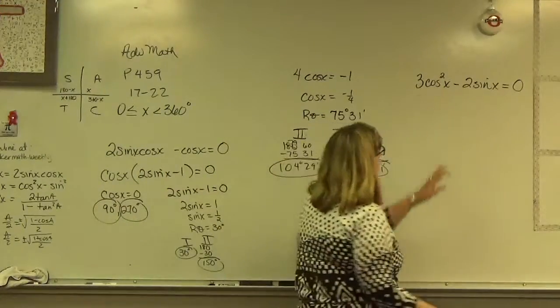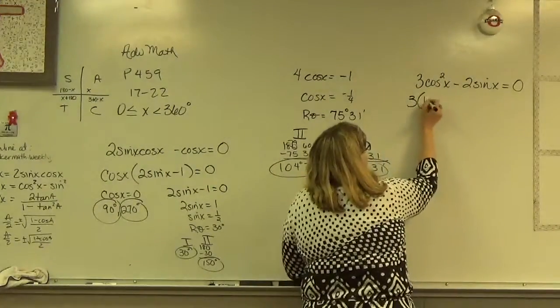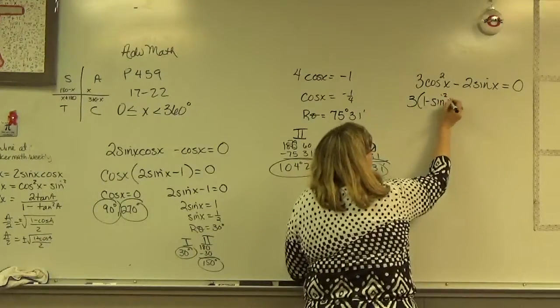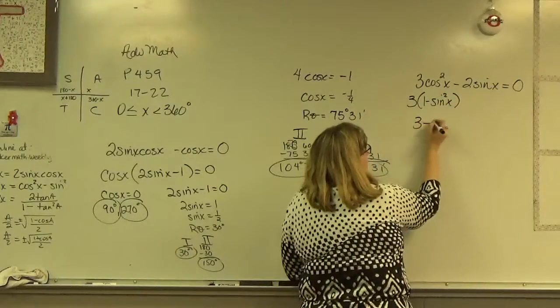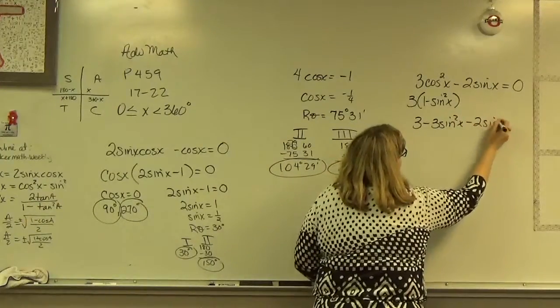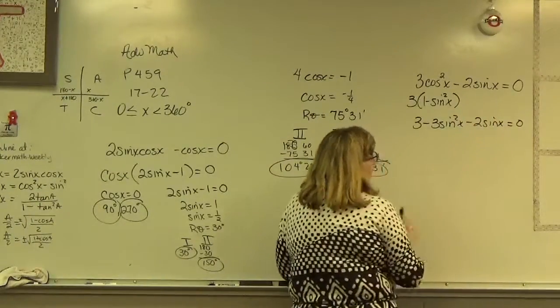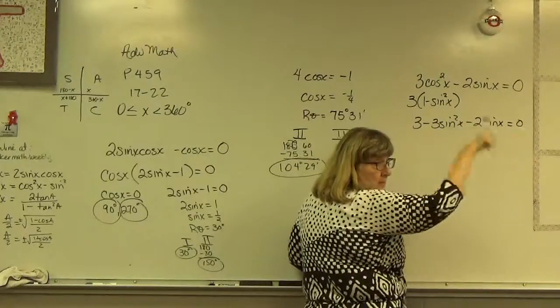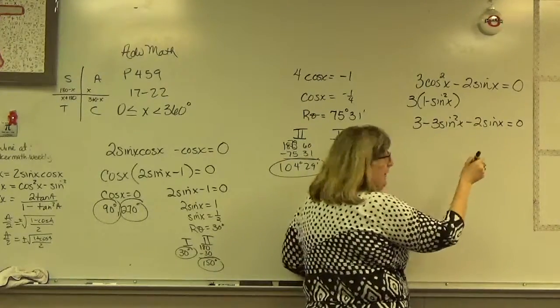So cosine squared, isn't it 1 minus sine squared? So if I distribute, that's 3 minus 3 sine squared minus 2 sine. And I don't like negative squares, so I'm going to move everything to the other side. I know a lot of people aren't that picky, but I am.